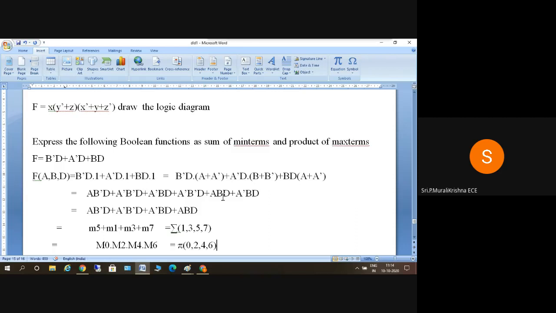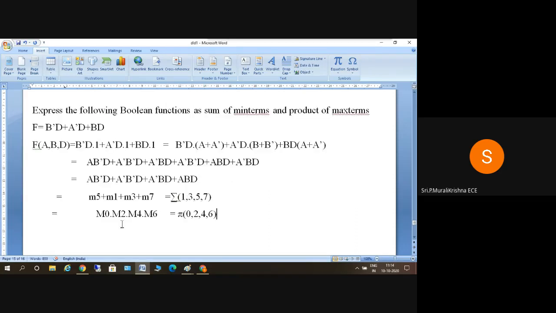If we are given like this, just find the min terms, and when you know the min terms, you can find the max terms. So that is the expression here.